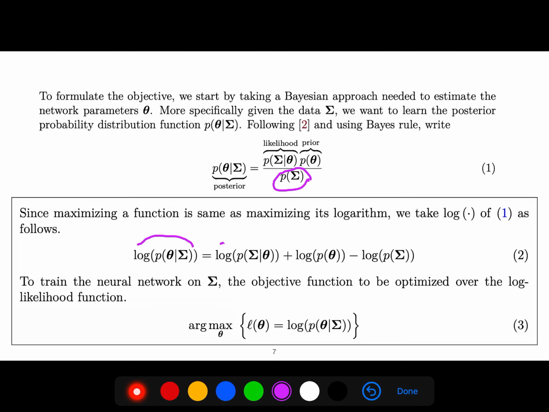Because it's multiplication, it becomes a sum, and this is the denominator, so it becomes minus log of P. And so when we say what is your loss with respect to parameters, it means the log of your posterior, this one: what is the log of your parameters given that you have all of the data.